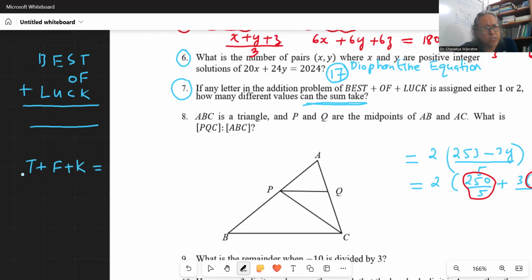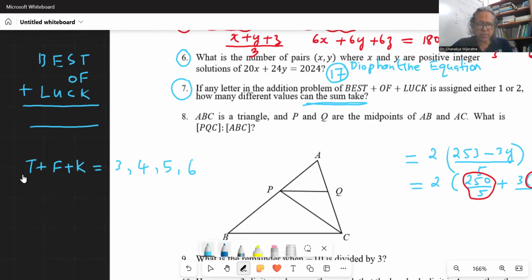If all are 1, it is 3, and 1, 1, 2, it's 4, and 1, 2, 2, it is 5, and if it is all 2s, then it is 6. So there are 6 possibilities for this unit digit.